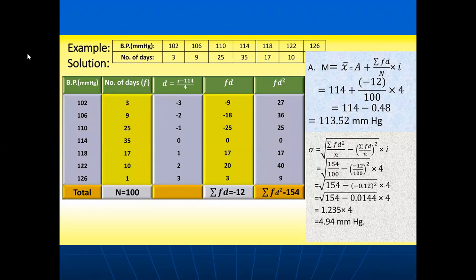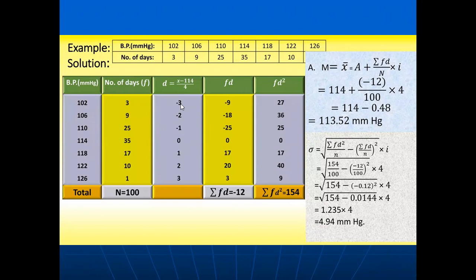Here we don't have a class interval, but we have a range of values. We start with 102 and go to 126, and the difference between these numbers is 4. Therefore I am going to divide by 4, that is, I is equal to 4. This is how I will be getting the d values. Sigma fd will be minus 12, sigma fd square will be 154.